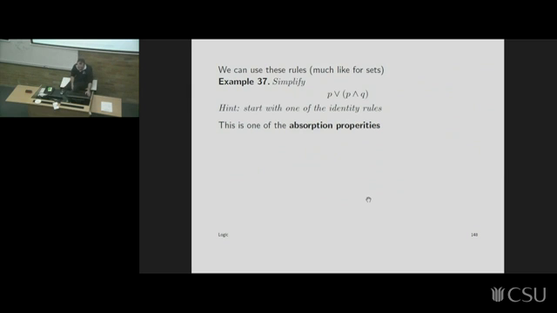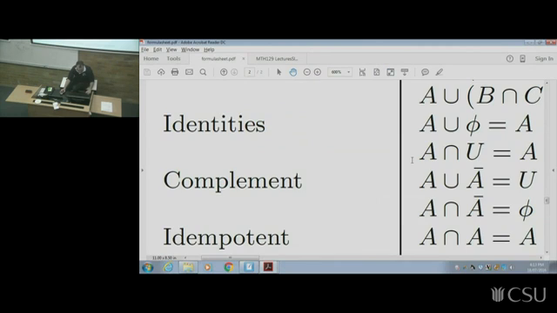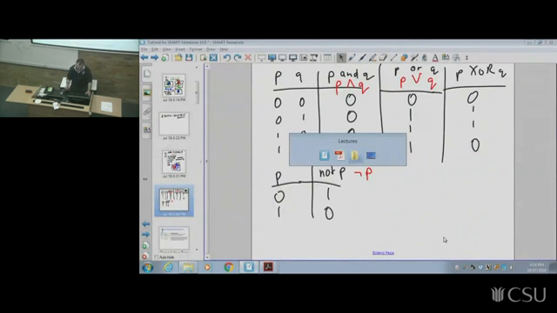The way to remember them is to go look at the formula sheet again, and the first column I've got here is all the set stuff. The exact same rules here are for the logic. And so what we use them in practice is the same sort of stuff. So if I remind myself what I've got there.